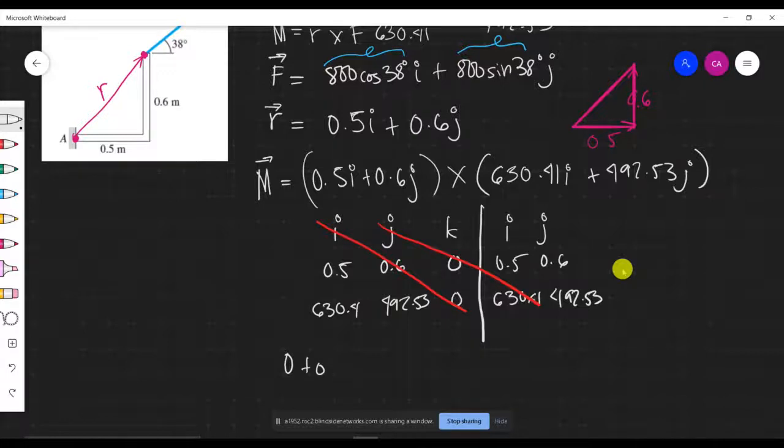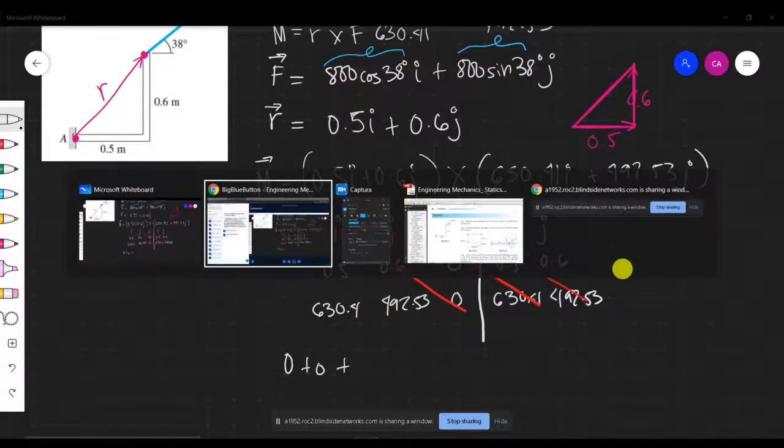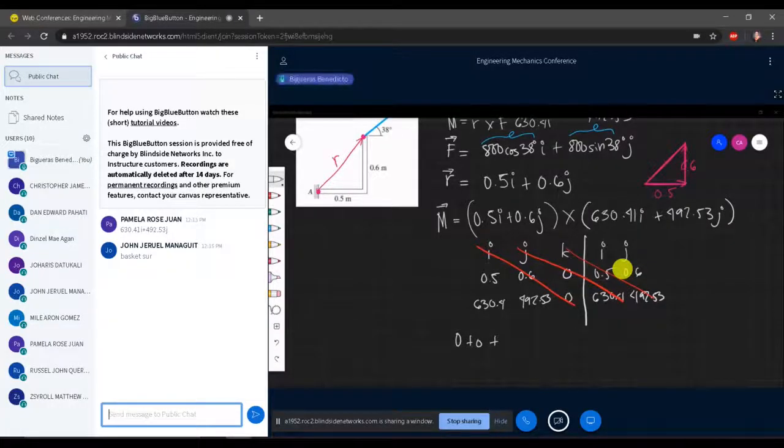Yung K times 0.5, ito. Pag pinag-multiply natin yan, ilan siya? So, 0.5 times 492.53, pa-calcu naman. Yung line ng ini-slash ko, minumultiply. Okay? Yes, basket method. 0.5 times 492.53, pa-multiply naman.